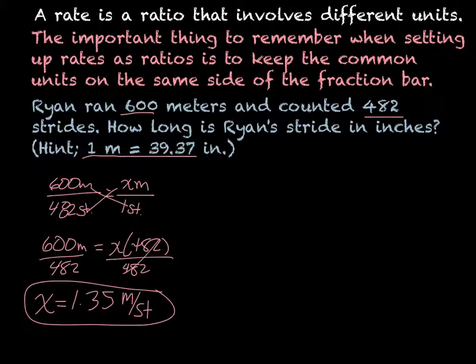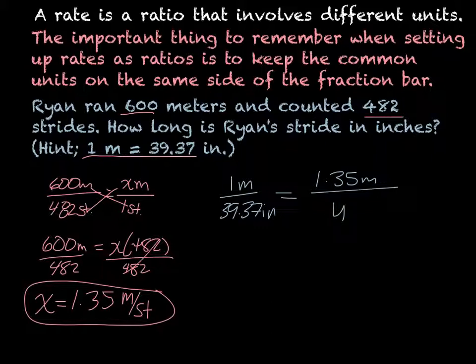My next step is to find how long it is in inches. So I'm going to convert these meters to inches. So what I would have would be 1 meter is 39.37 inches, because that's what we want to convert to, and we know that 1.35 meters is in one stride, so that's how many meters it is, and we need to find how many inches it is.